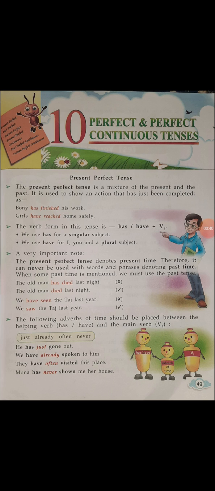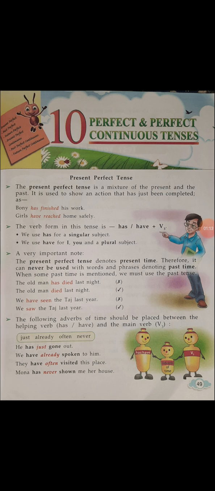In those tenses, there are certain grammatical forms also, like present perfect tense, past perfect tense and future perfect tense. First we will discuss these, then again we will discuss present perfect continuous tense, past perfect continuous tense and future perfect continuous tense. First of all, today we will discuss present perfect continuous tense.